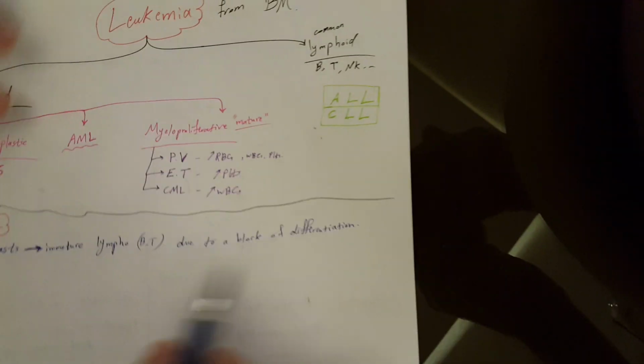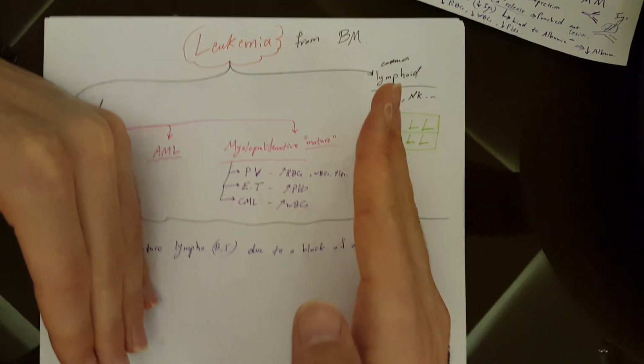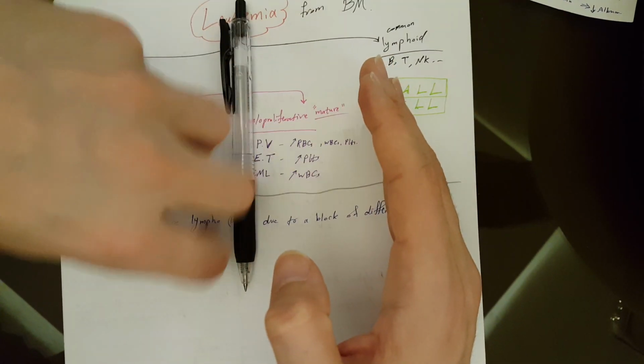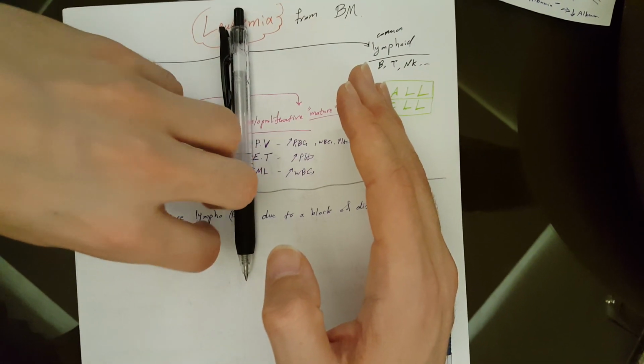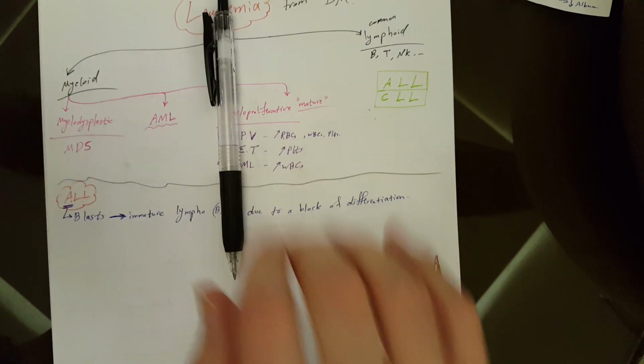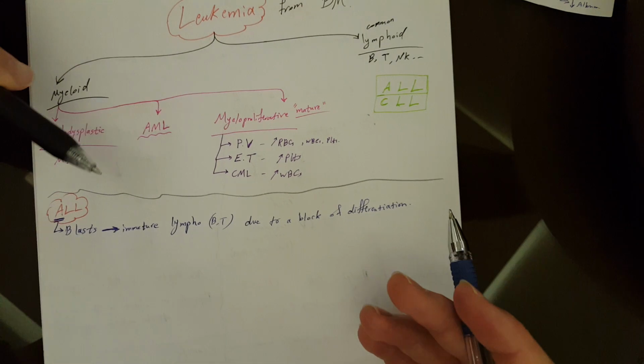So, of course, if there's a process that goes until here and then it stops here, you don't have the mature cells, you have an overspill of the immature ones. And of course, they are not as functional as the mature ones.